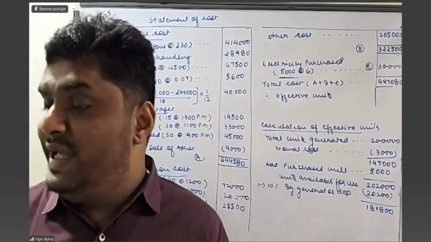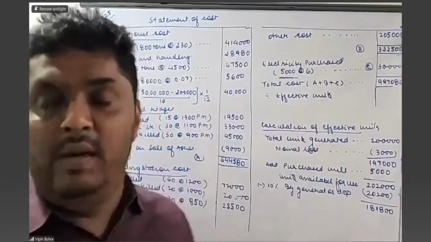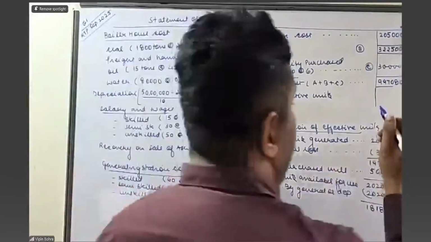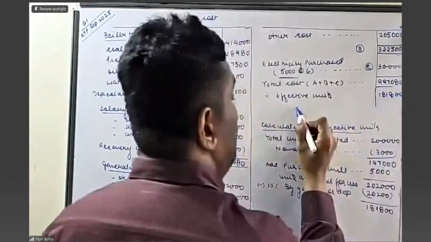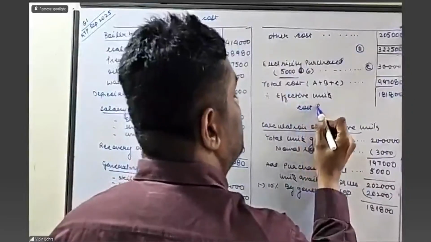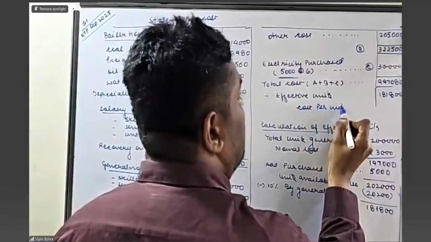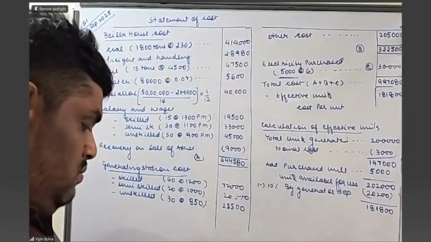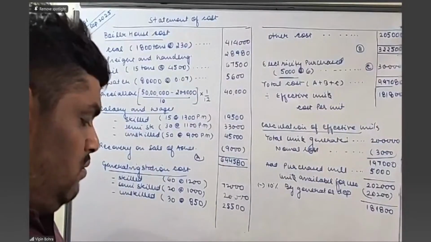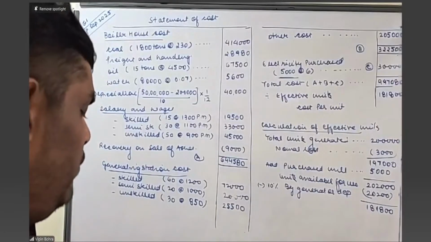So my units calculated will be, units available will be 181,800. So cost per unit will be how much? 5.48.